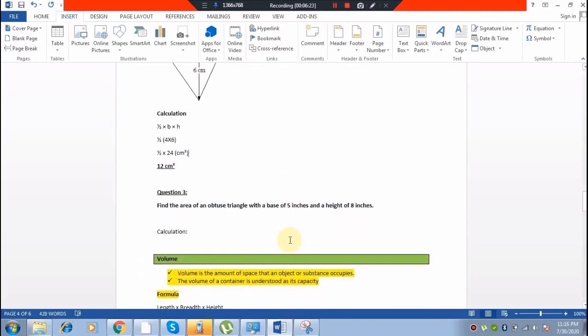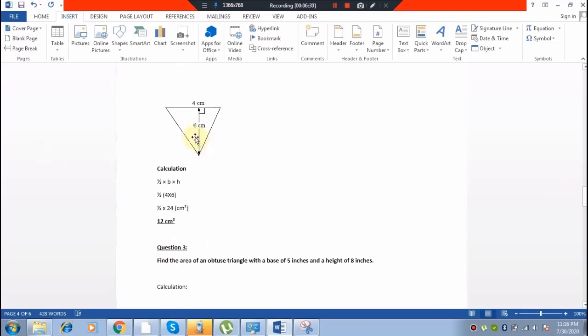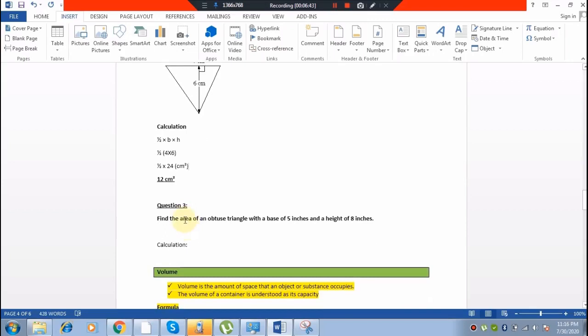Simple and straightforward, right? Sometimes they don't give you a shape, and you must still calculate the area of the triangle. The first and foremost important thing is to find the area of an obtuse triangle with base 5 inches and height of 8 inches.